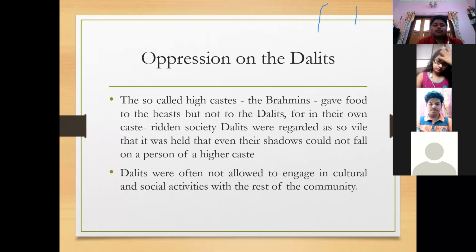In their own caste-ridden society, Dalits were regarded as so vile that it was held that even their shadow could not fall on a person of a higher caste, and that was considered a sin. Dalits were often not allowed to engage in cultural and social activities with their family. In the sense, they were regarded as untouchable.